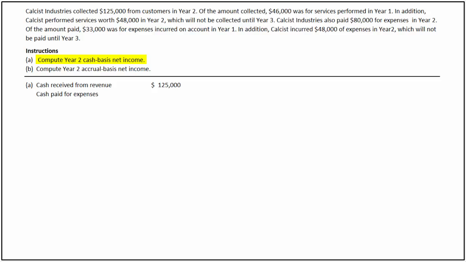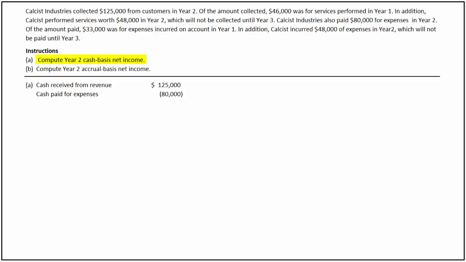The company also paid $80,000 toward expenses in year 2, of which $33,000 was for services performed in year 1. In this case, though a portion of expenses pertained to year 1, the entire amount of $80,000 is recorded in year 2 as the payment was made in year 2. In addition, Calcis incurred $48,000 of expenses in year 2, which will not be paid until year 3.